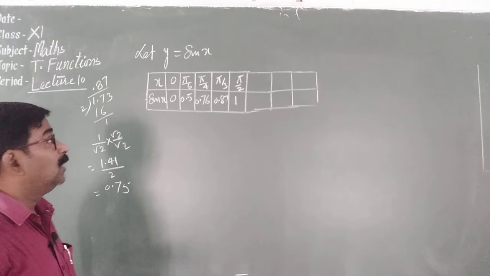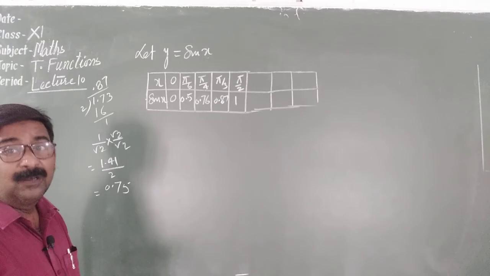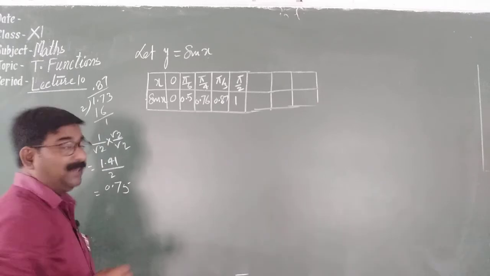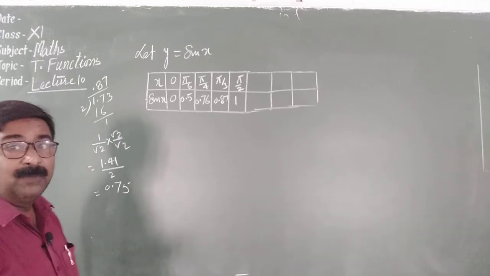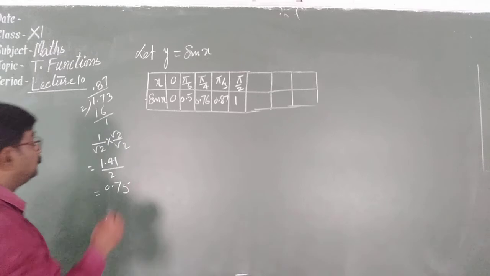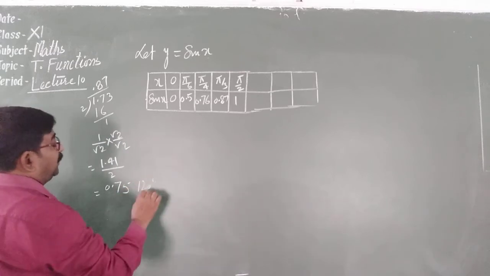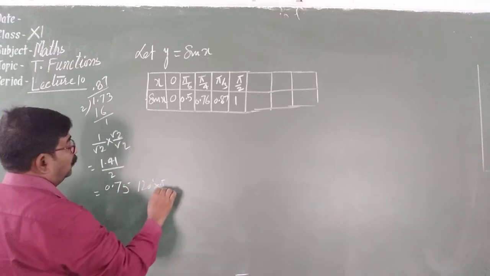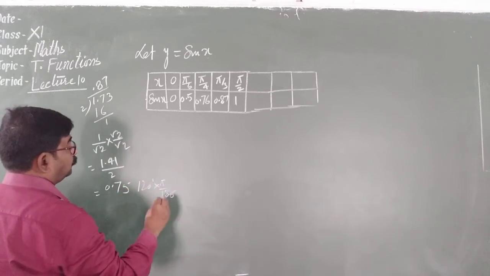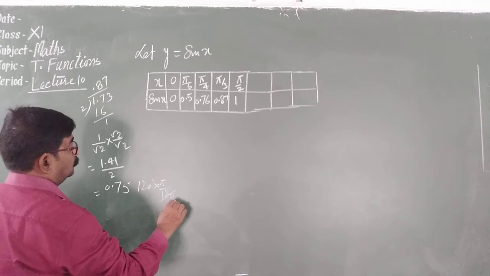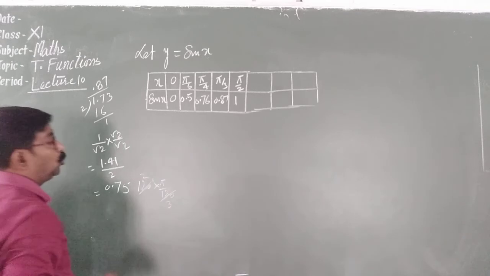Got it? Now suppose we take 120 degree. 120 degree into pi upon 180 is 2 pi by 3.